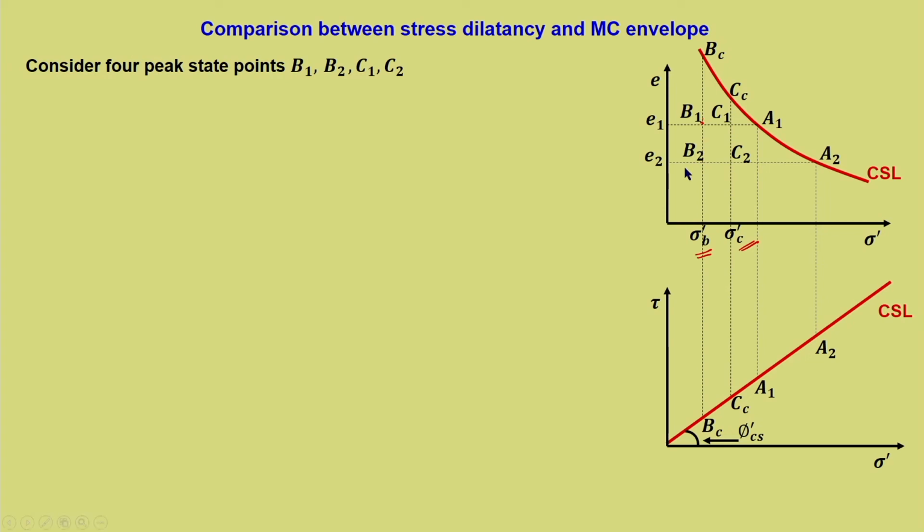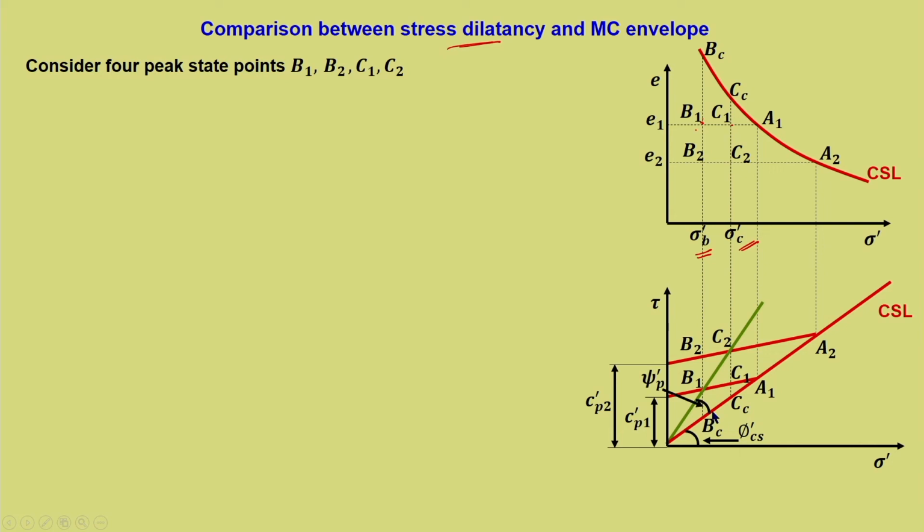So these 4 points adequately represent different aspects of stress dilatancy. Let us consider the peak, represented by B1 and C1. They have the same E1, so B1 and C1 will lie on the same peak line, and B2 and C2 will lie on the other peak line. You can see that E1 is greater, hence the strength is lower, and the corresponding cohesion intercepts are c dash P1 and c dash P2.